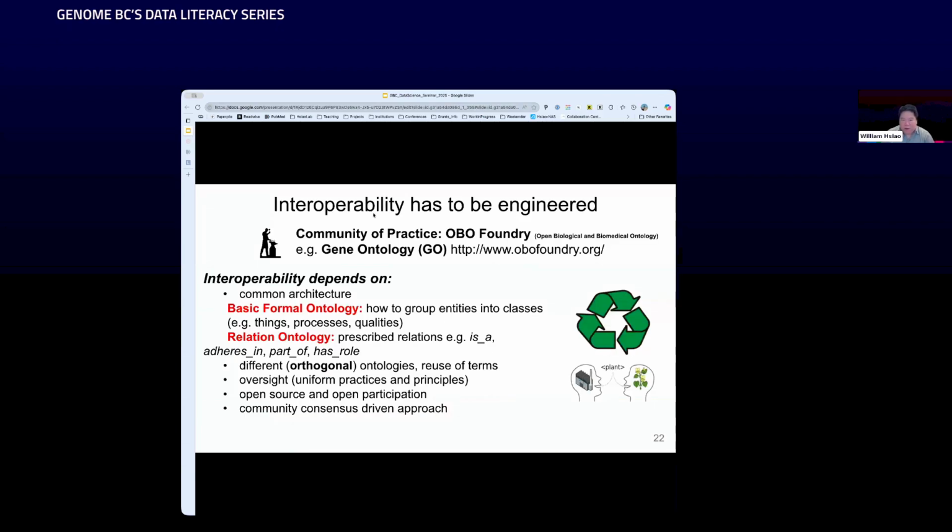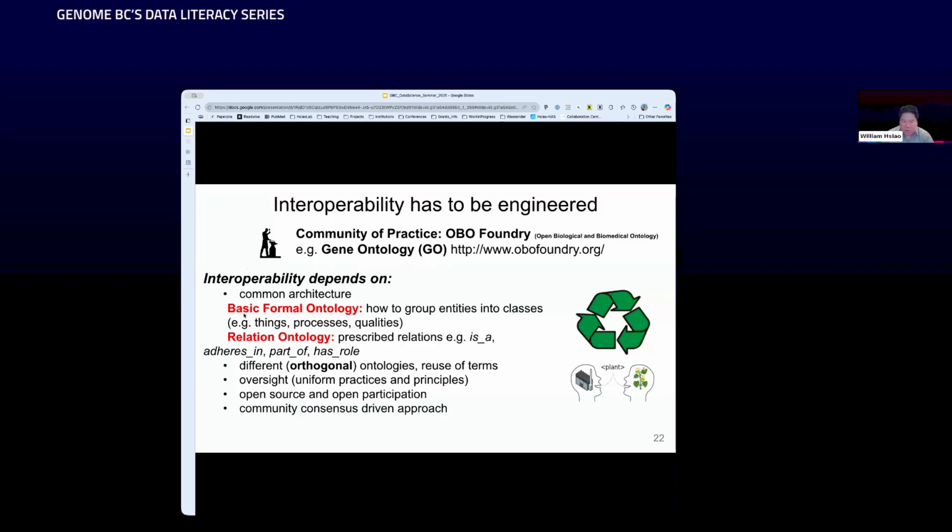But it's important to recognize that interoperability has to be engineered, and it doesn't just happen naturally or organically. So we are part of a community of practice called the OBO Foundry. And we recognize that interoperability depends on having a common architecture of how we describe data.